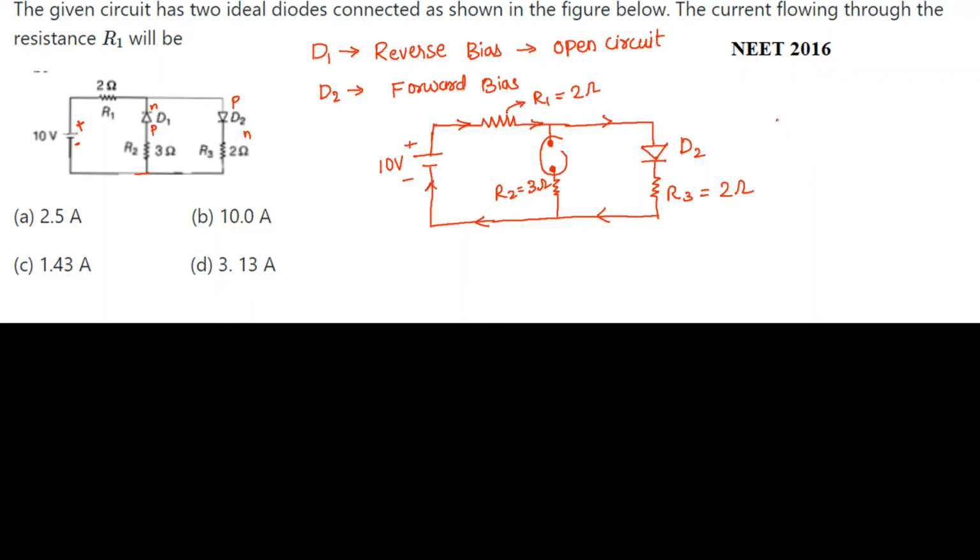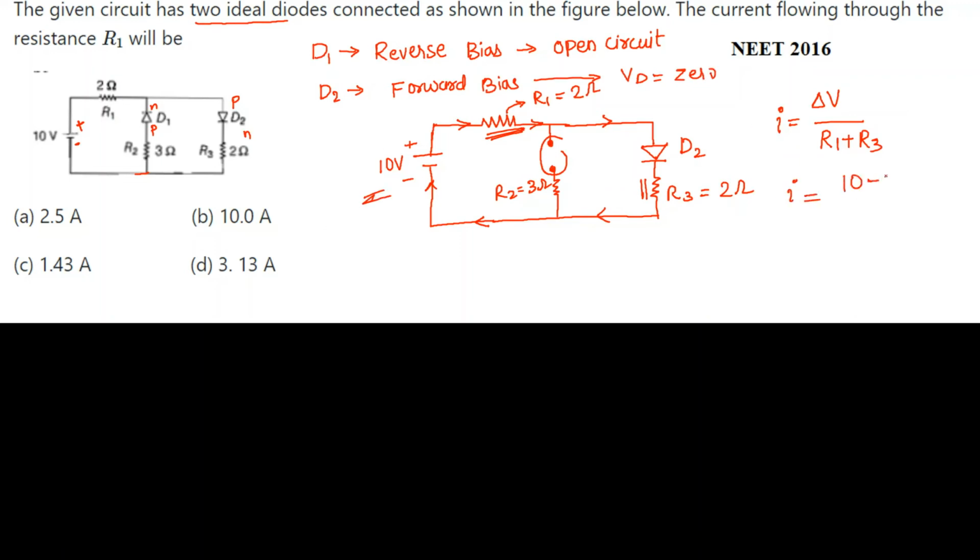So I can write this equation as I is equal to change in voltage by resistance. Here it is one resistance, here it is another resistance. Both of them are connected in series, so I can write this as R1 plus R3. The question mentions 2 ideal diodes, so the voltage across the diode will be 0. I only have to consider this voltage, 10 volts.